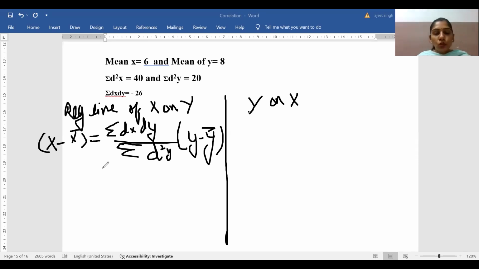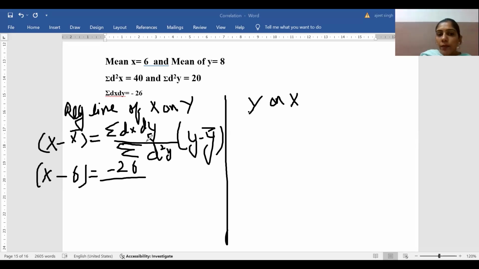So let's put all the values in this equation. x bar is 6, which we have already calculated, the mean. Sum of dx dy is minus 26, we have calculated here.